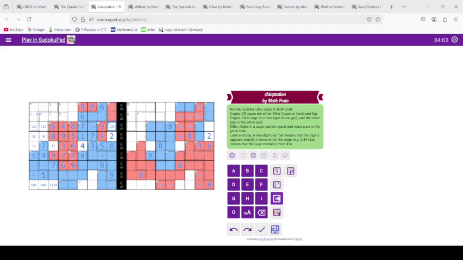This is not a 2. One of those two is a 2. One of those is a 9. Can't be that one.